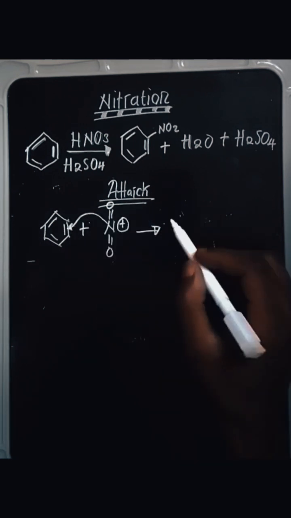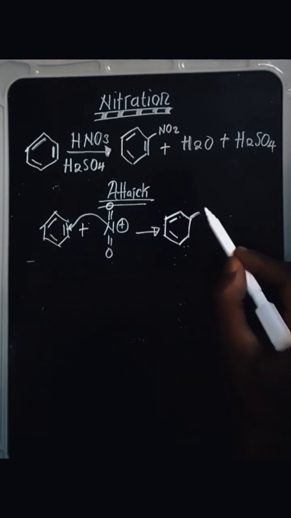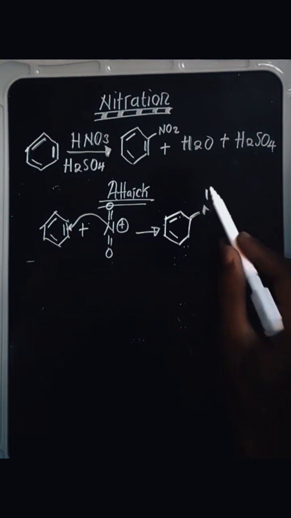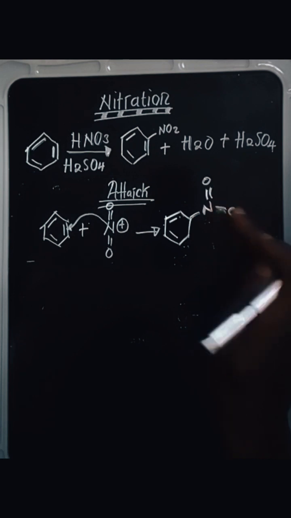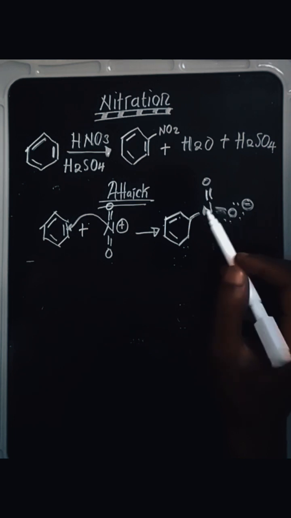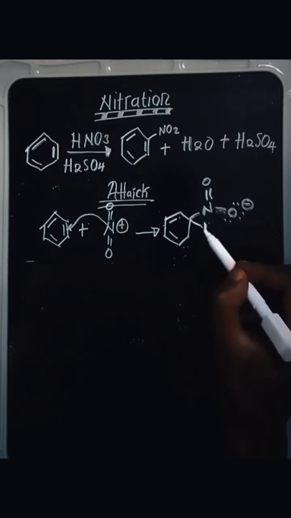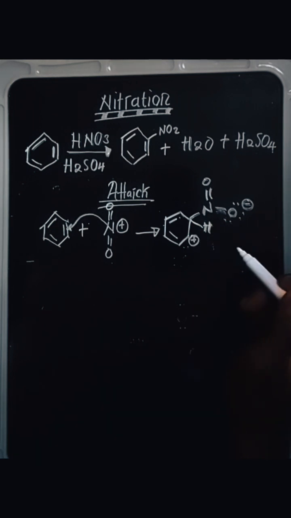So I'll decide to put it on the top there, so it will look something like this. This bond will break, and then there you have it. Right, and one thing you'll be able to see is that you have your hydrogen there. Your hydrogen has not gone anywhere, and this part here is electron deficient.